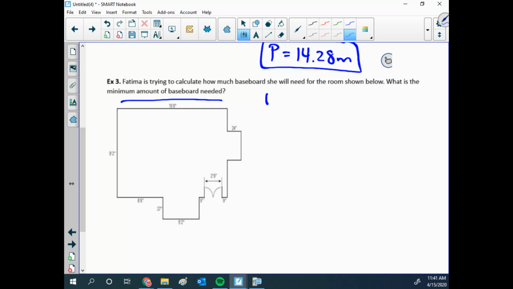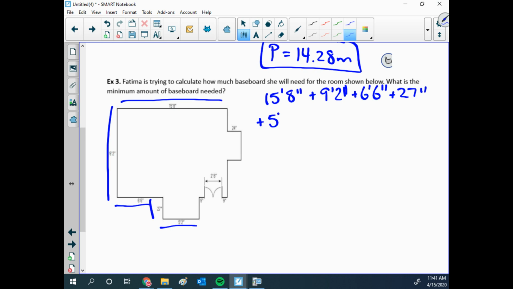This is 15. So this side of the room is 15 feet 8 inches. Plus 9 feet 2 inches. That's a weird inch time. This is 6 feet 6 inches. Plus 27 inches.